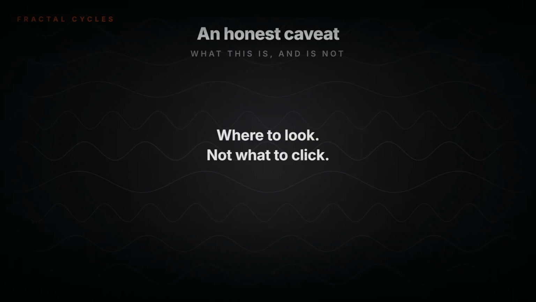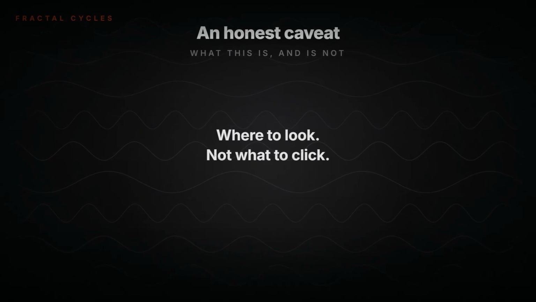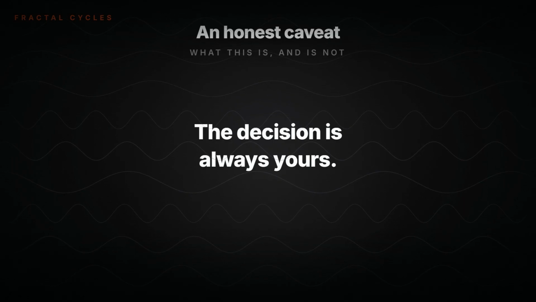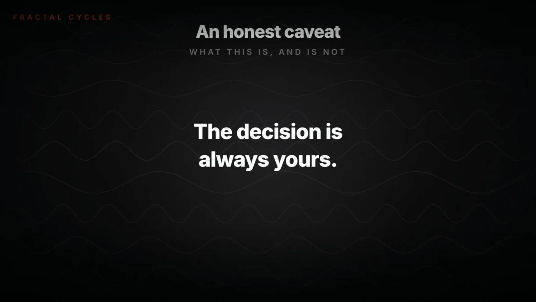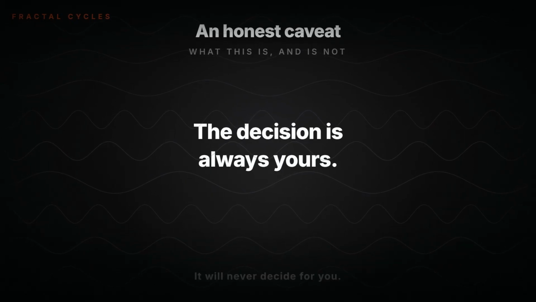It is also not the moment to click buy all by itself, because it only tells you where to look closely. The actual entry still needs its own confirmation, and that is a video for another day. Whatever you choose to do with any of this is always your own decision, made with your own judgment and your own risk. This tool is here to help you see more clearly, and it will never make the decision for you.